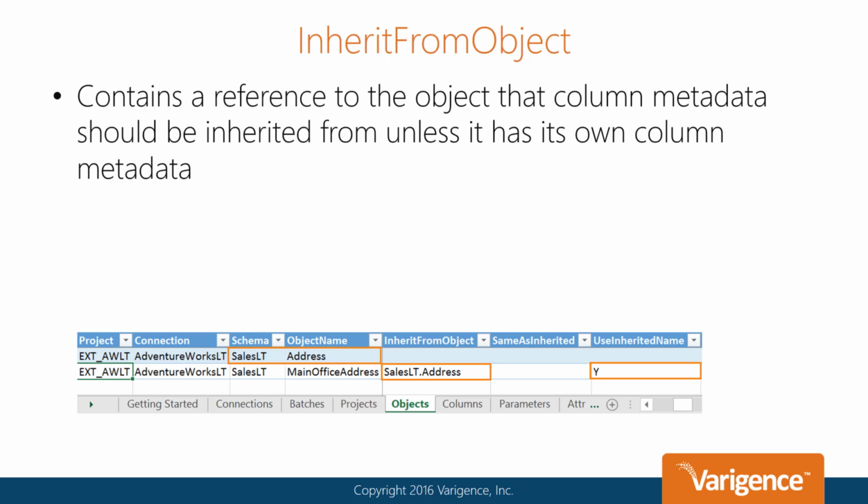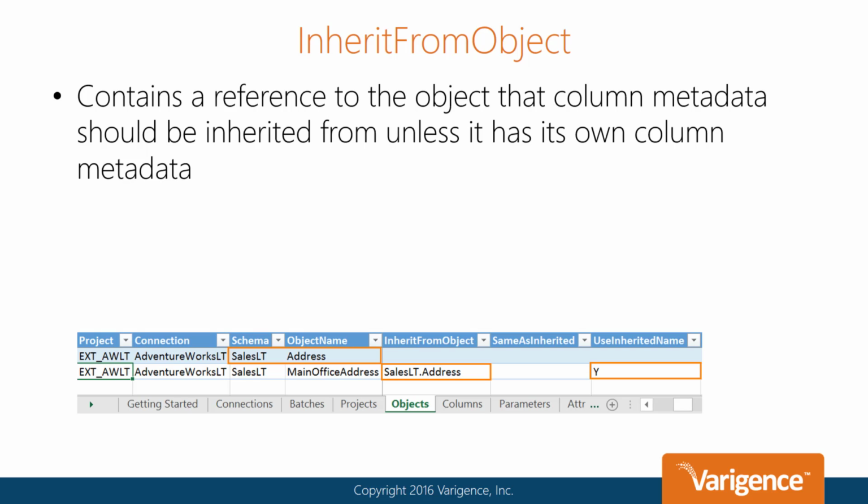So the first one is called inherit from object, and what it does is it contains a reference to the object it wants to inherit from. In this case, if you look at the illustration, the main office address is saying that I want to inherit my metadata from this address table effectively. So I can create a second metadata entry that says I'm going to be inheriting some or all metadata from the object called address.